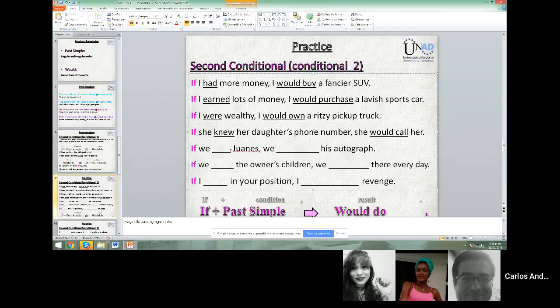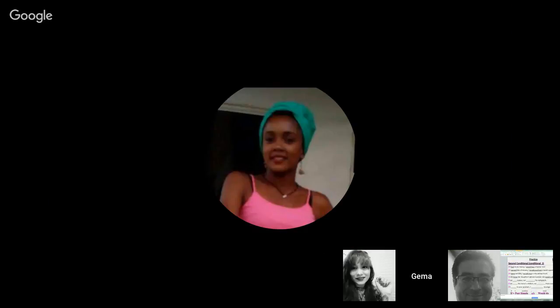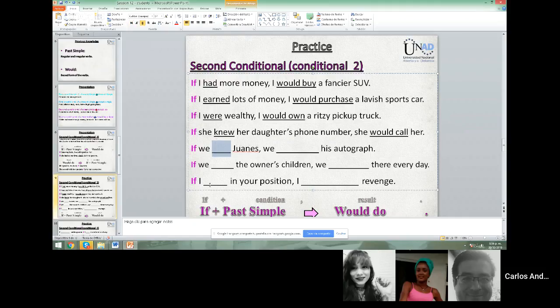So Gemma, imagine that you are in Bogota at the airport, and you see Juanes. So how do you say that when you are very close to him and you say hello to Juanes and you take a picture with him?